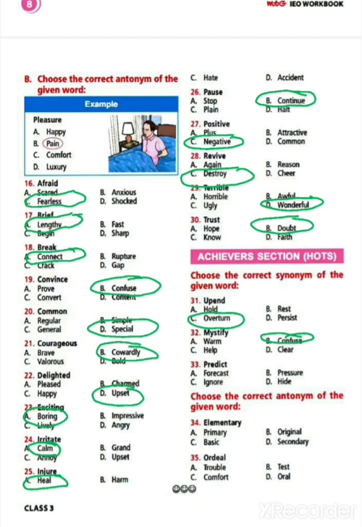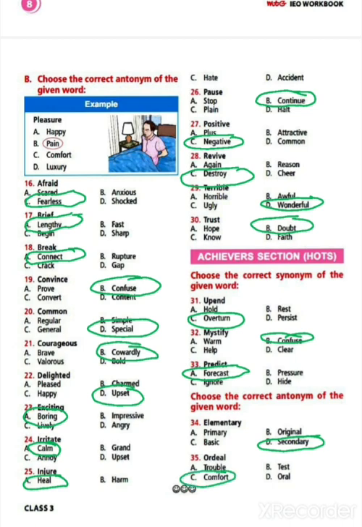Your answer is forecast. Then two opposites are there, 34 and 35. 34, the word is elementary, and your opposite is D, secondary, the antonym. And 35 is ordeal, and your answer, the opposite is C, comfort.